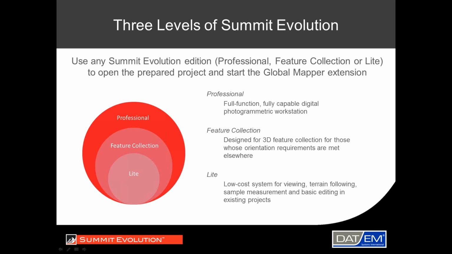So Summit Light would read in projects that Summit Professional had created somewhere, on another workstation, or perhaps you purchase your projects from someone who has Summit Professional, or you can import projects from other third-party stereo plotter systems. And all that can be done with Light, and you can do your basic digitizing and editing with Light as well.